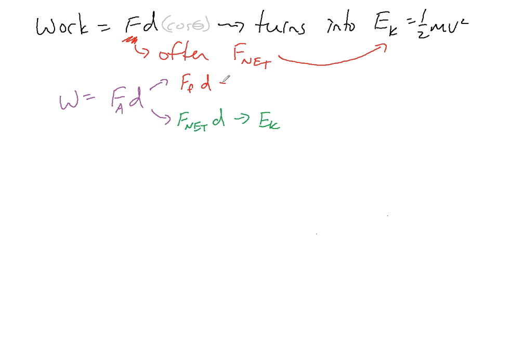And this other part is lost to things like heat and sound. So when you do work on something, not all the energy that you use goes towards moving the object. Typically the net force is what actually goes towards kinetic energy, and the rest can be lost to heat and sound.